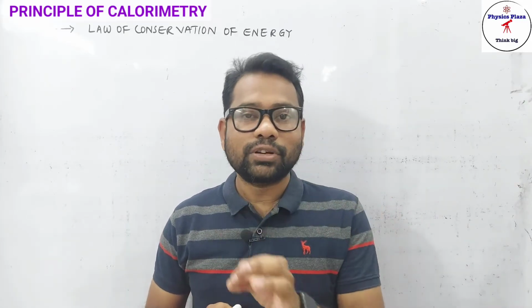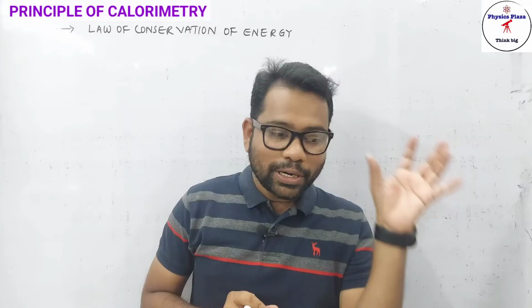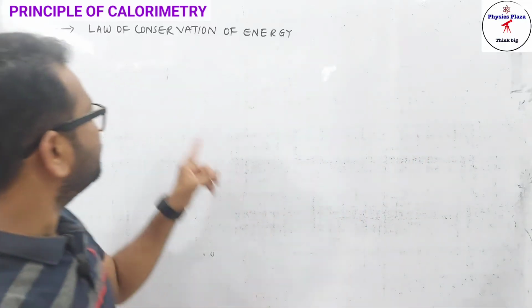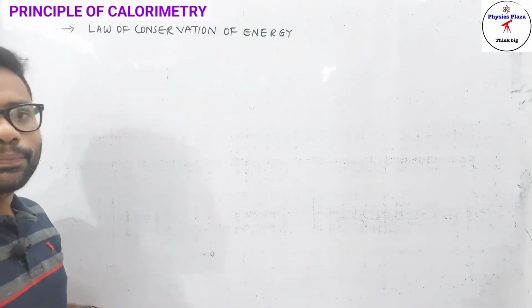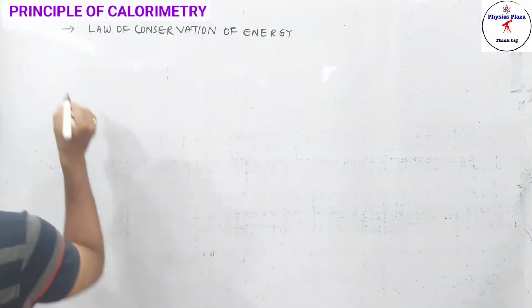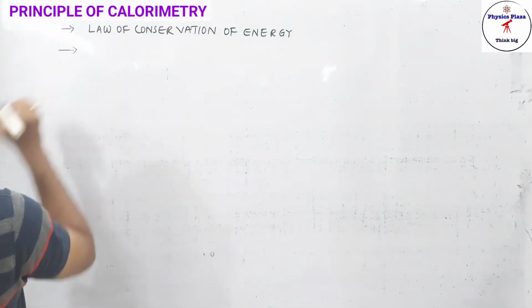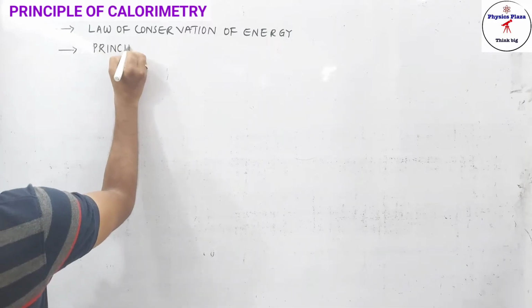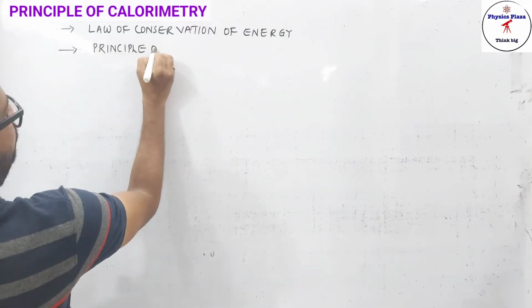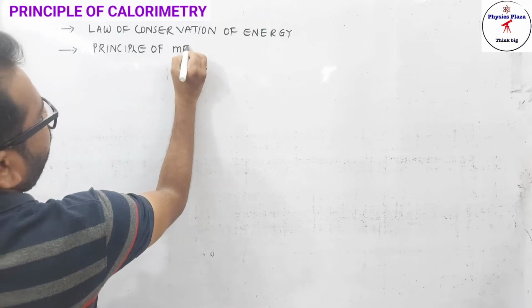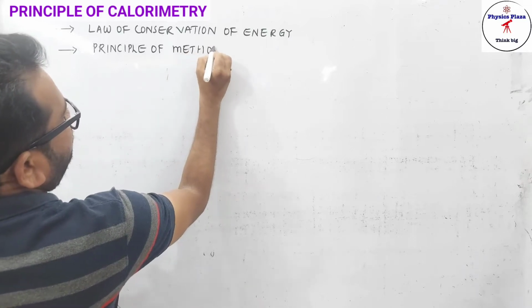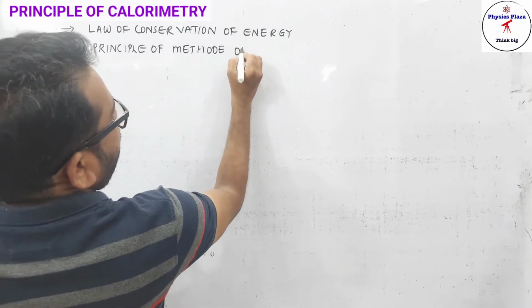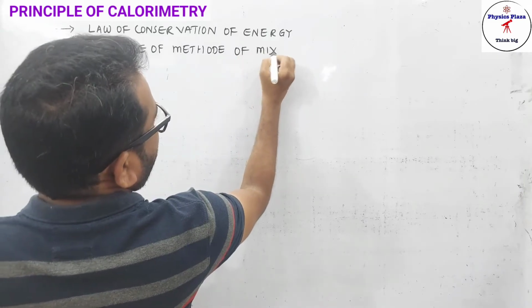In the exam they will ask you a question: on which law does the principle of calorimetry base? It is based on the law of conservation of energy. And what is another name for the principle of calorimetry? It is also called the principle of method of mixture.